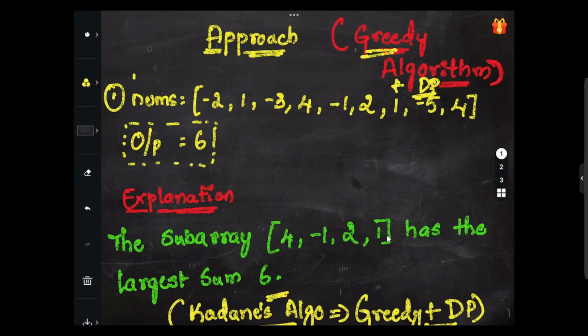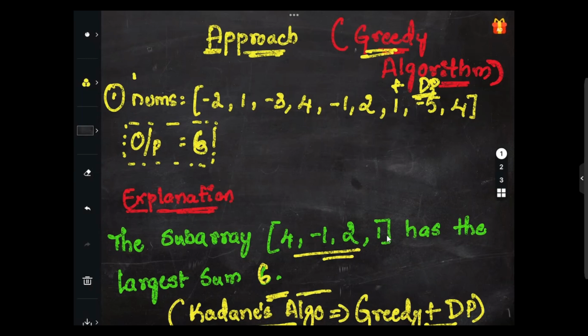I have considered the same example, the first example that they have given in the question, so that it will be easier to understand the approach. The subarray 4, -1, 2 and 1 has the largest sum 6 here, and we have to return the sum as the output. I hope this is clear.